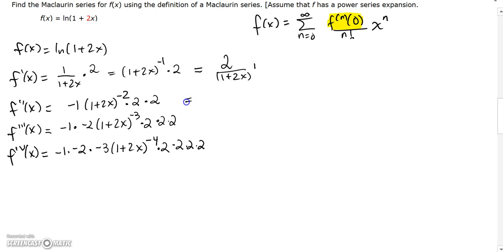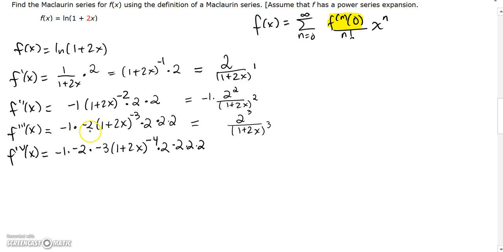So basically what I have is a 2 over 1 plus 2x to the 1. And then I have two 2's there, so a 2 squared over 1 plus 2x to the 2 with a negative 1 waiting outside. And then in the next one it looks like I have a 2 cubed upstairs, and a 1 plus 2x to the third downstairs.